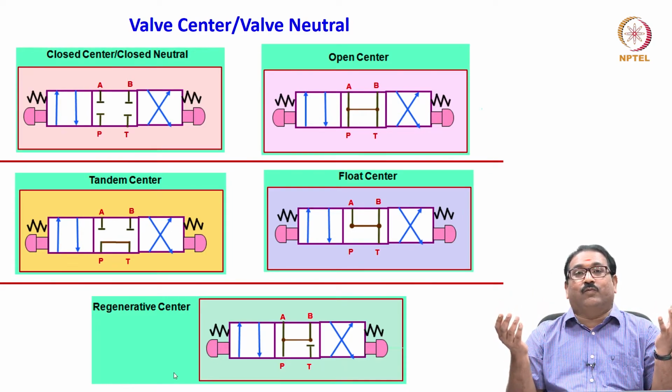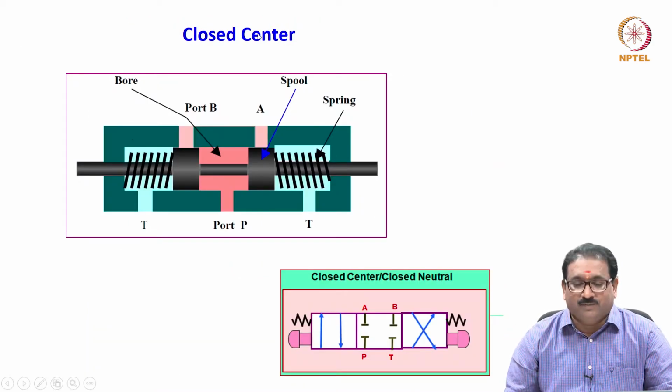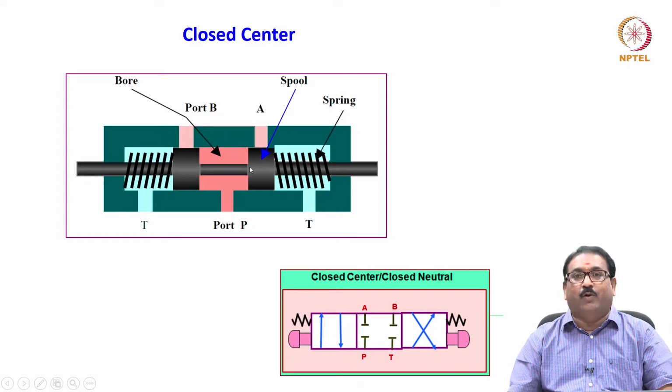There are 5 different combinations possible, each having its own advantages and disadvantages. Quickly we will see these, friends. Let us see the closed center. As I told you, using the spool lands and two stiff springs, I am blocking all the ports. You see all the ports are blocked here, using the stiff spring.